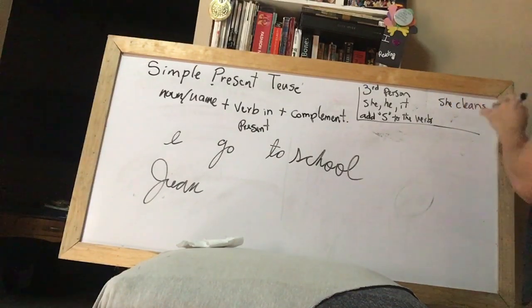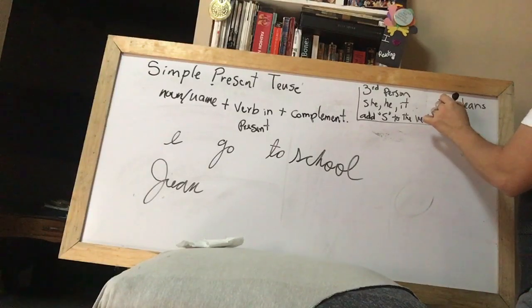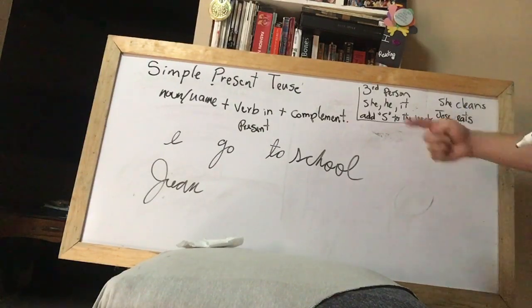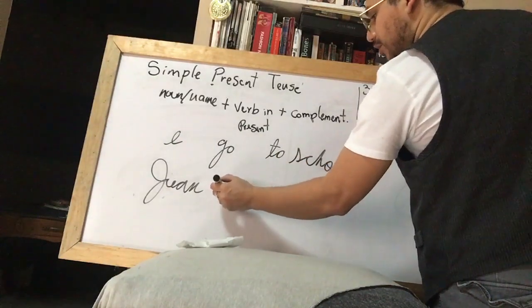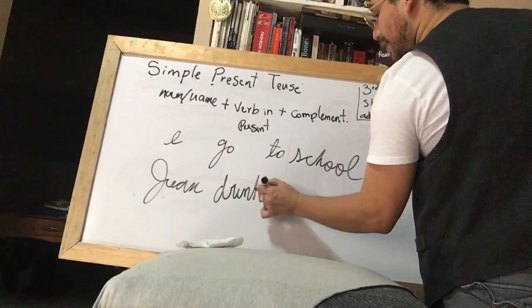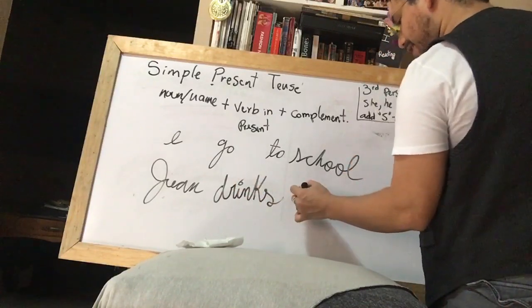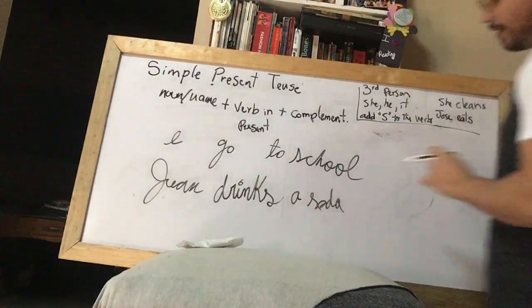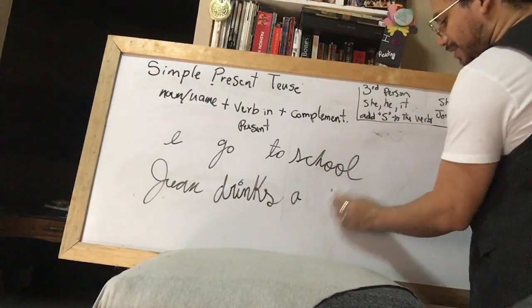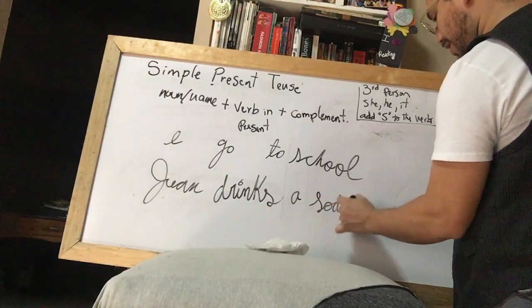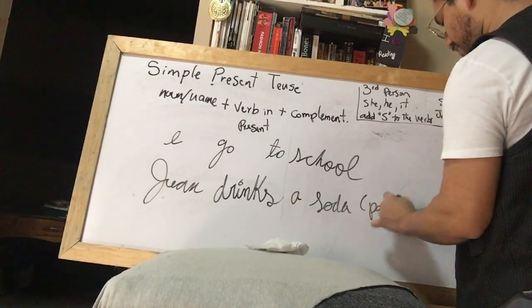No, she cleans. Jose eat. No, he eats. So in this case, Juan drinks a soda. My friend Karen would say drinks a pop because in Ohio, people say pop. So you would say a soda, so you can understand me. Or you could say pop, because some people call it pop. Okay?